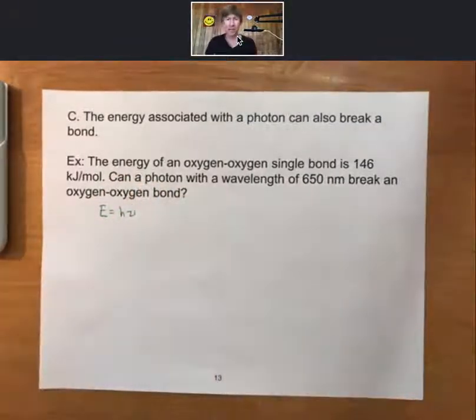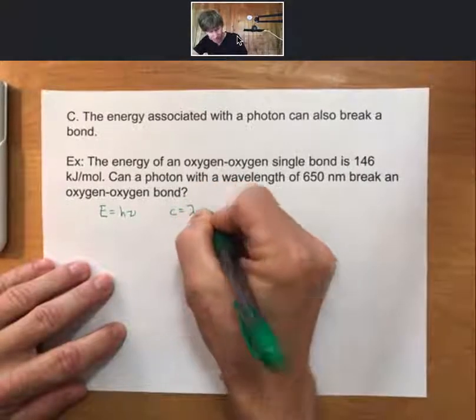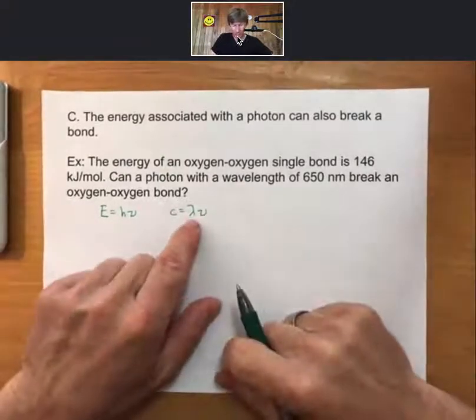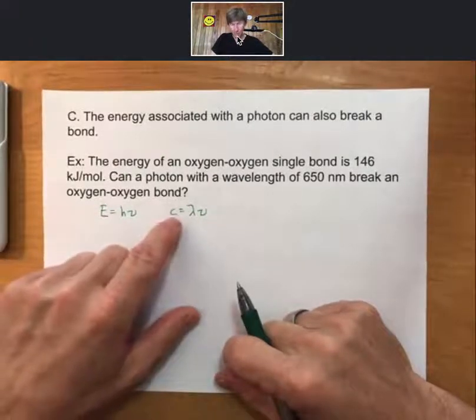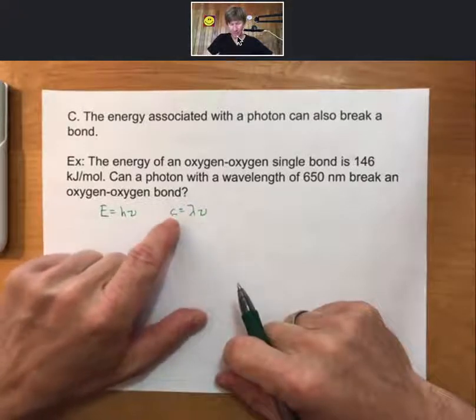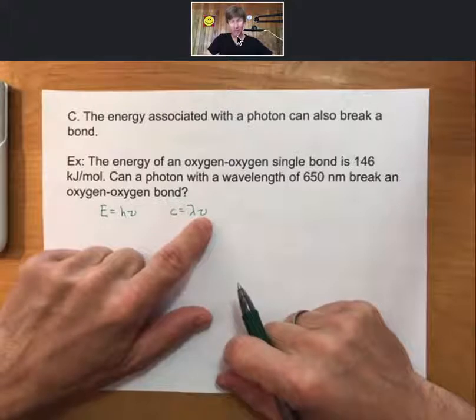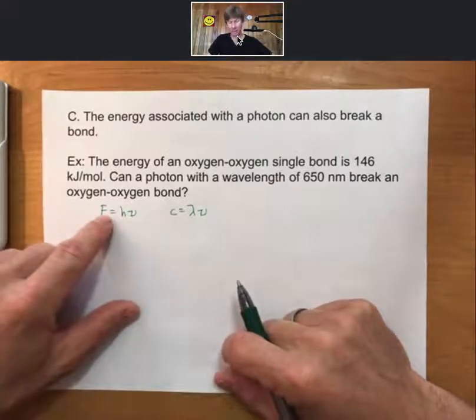We're going to have to find out what's the energy of this photon. We've been given wavelength, so we have wavelength. We need energy. You can do it in 2 steps by taking the wavelength and the speed of light, solving for the frequency, plugging that frequency into the energy equation.